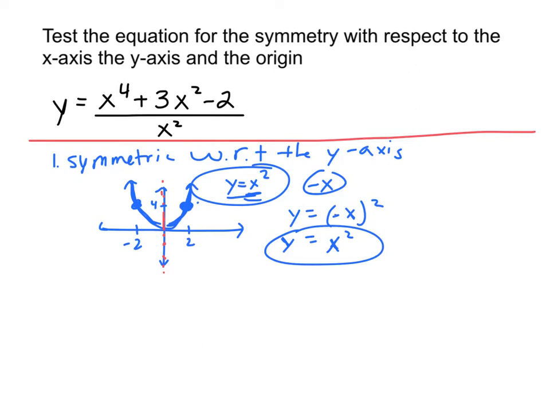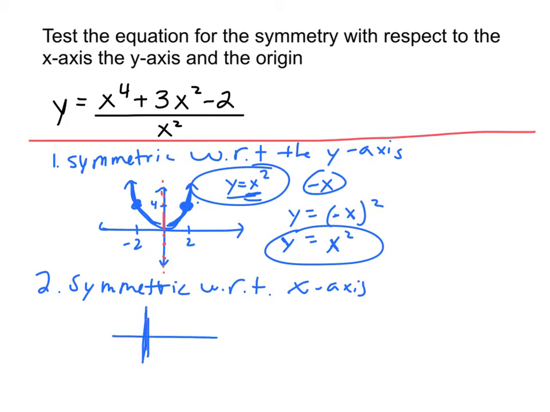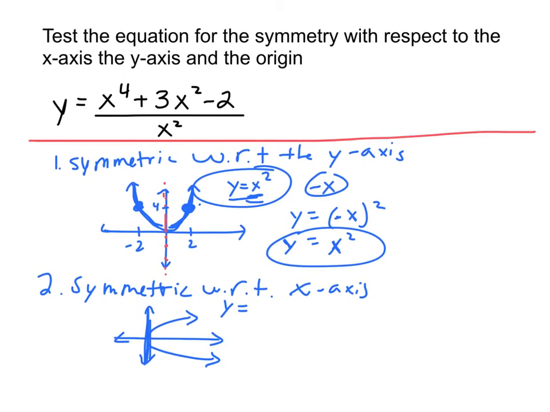Let's talk now about symmetry with respect to the x-axis. You can just think of this as flipping it. Say we had this here, and this would be y squared equals x. Now, instead of plugging in negative x, we're going to plug in negative y.